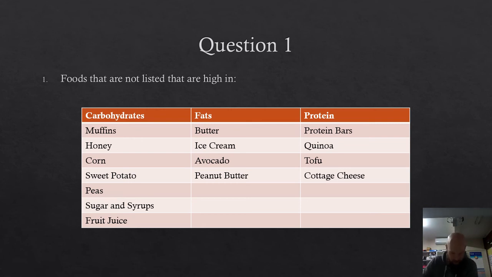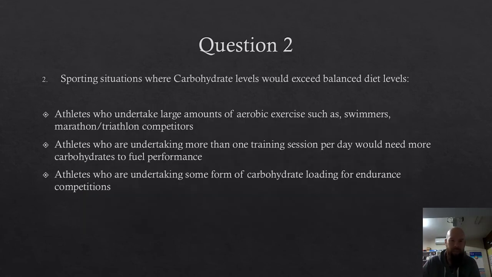Question 2, outline some sporting examples where recommended carbohydrate intake would exceed the levels recommended for a balanced diet. So in this instance, we're talking about athletes that do, like it says there, triathlons, marathons, swimming, anything that's like an ultra endurance event.